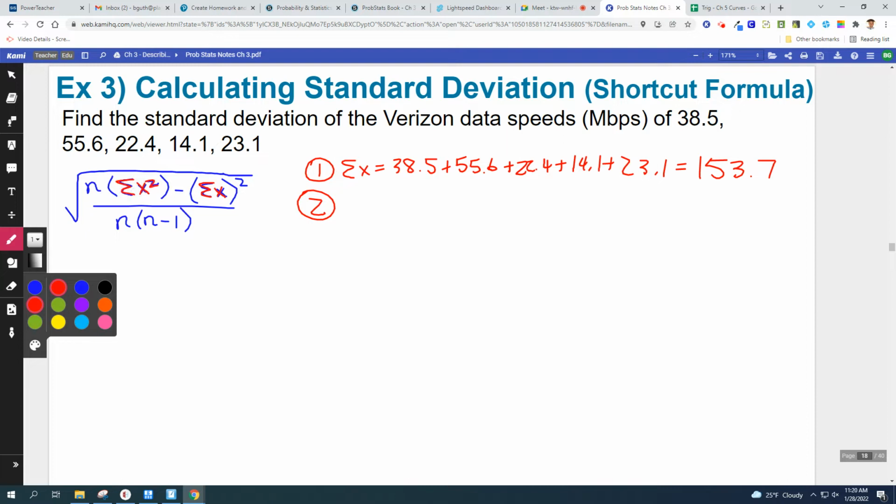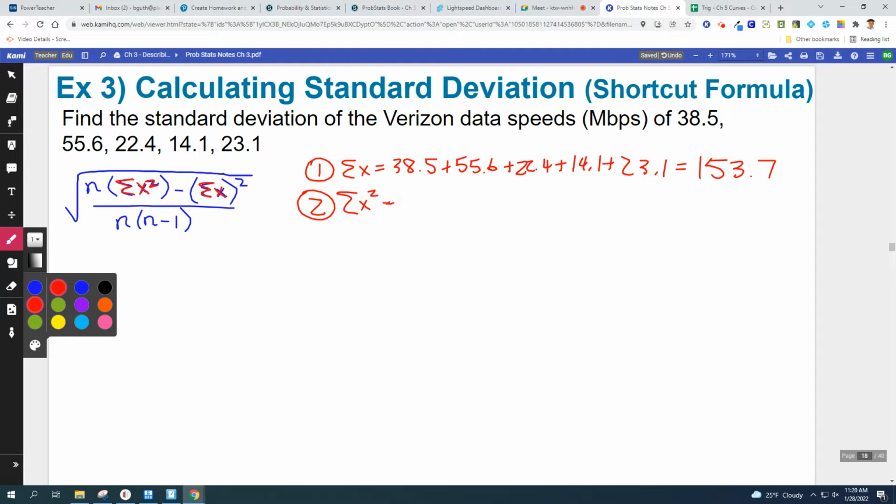It's confusing because both of them say sigma x squared, but one of them's inside parentheses and one of them's outside parentheses. So I'm doing the sigma x squared. And so if you think about what that means, that's the sum of the squares of the x numbers.